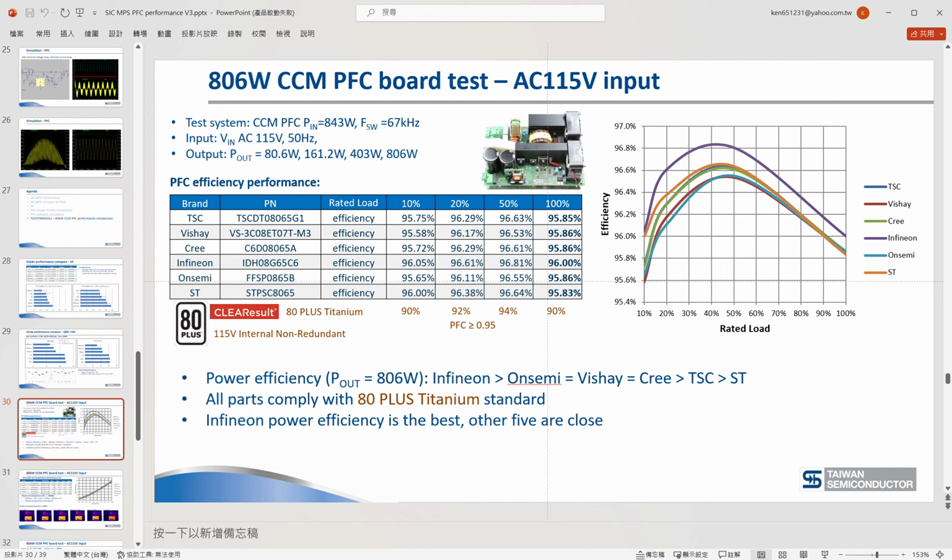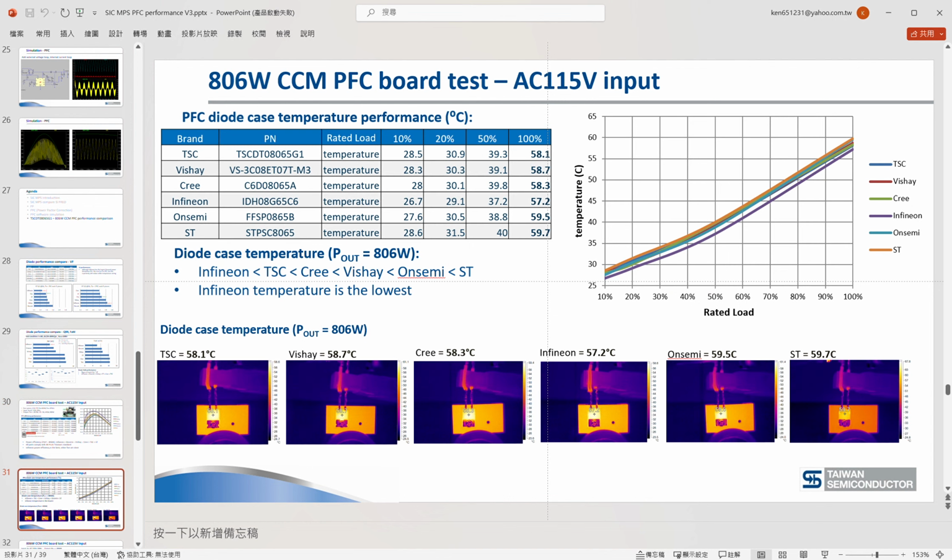We got the power efficiency like this. Infineon has the best power efficiency, and the other 5, TSC, Bichet, Green, onsemi, ST, are very close. So all the parts comply with the 80 Plus Titanium standards, and the other 5 samples are very close.